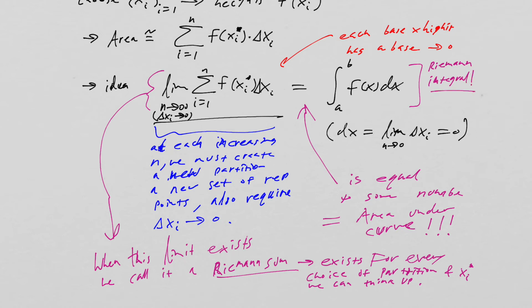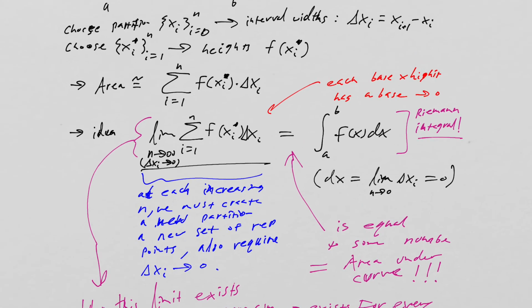Okay. And again, it is a number value of the Riemann sum's limiting value as our partitions get larger and larger and larger, and the partition widths get smaller and smaller and smaller, and we relate this to the area under a curve.